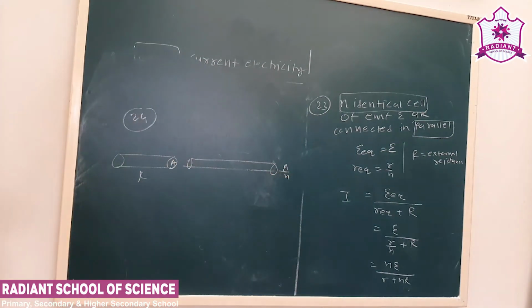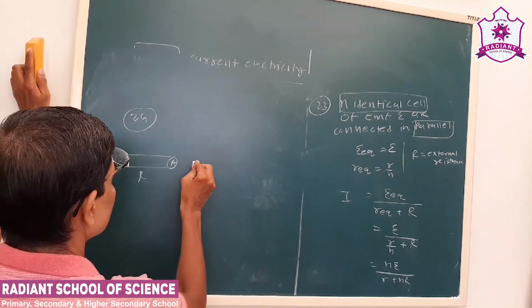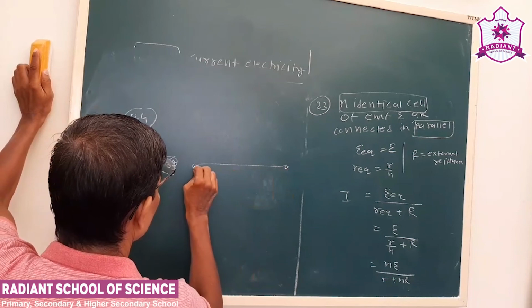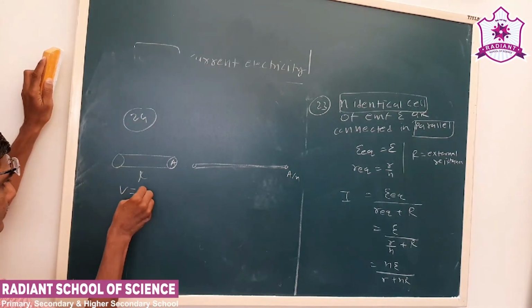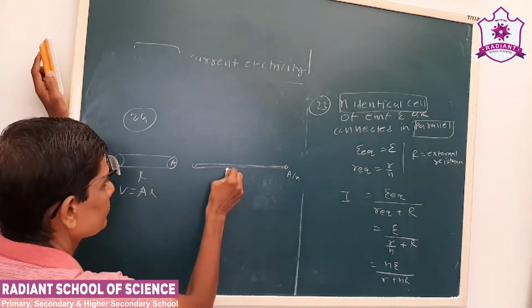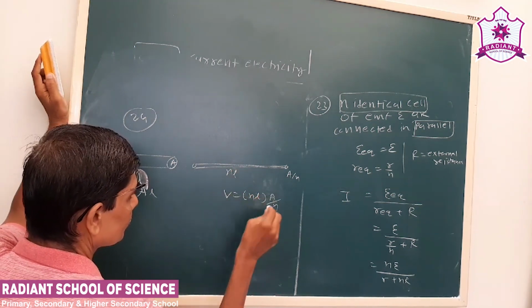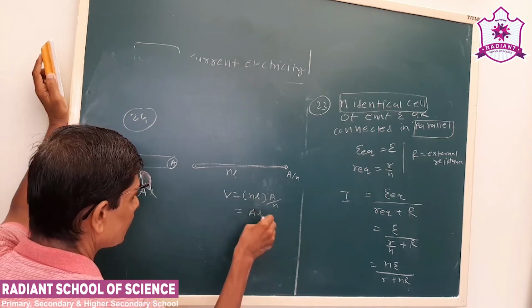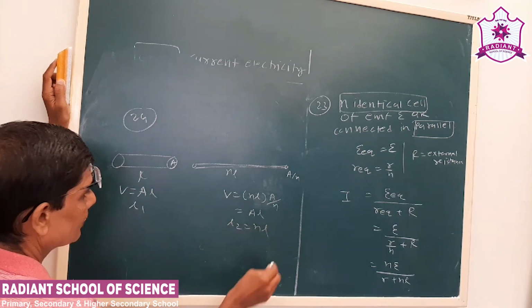It is stretched such that the volume remains constant, AL. So this is L1, L2 will be nL.